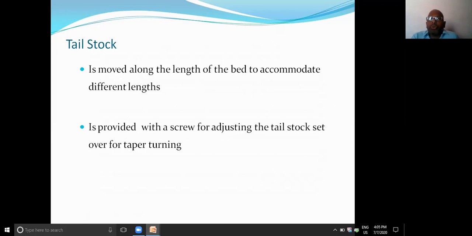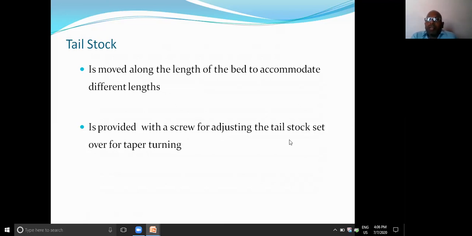It is provided with a screw for adjusting the tailstock set over for taper turning. So this tailstock is also used for taper turning methods. In total we have 4 important methods for taper turning, and among these 4 methods, one method produces the taper by using the set over of the tailstock. In the upcoming class, we will have a very important discussion regarding taper turning operations.